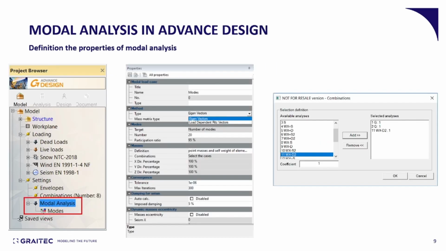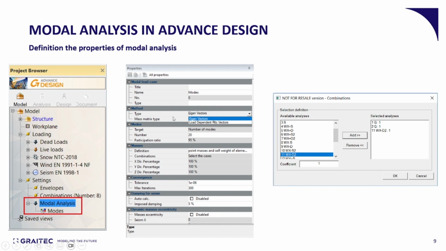How to perform modal analysis in Advance Design? It is very easy. You need to set up the modal analysis as an extra type of analysis that you would like to be performed. When selecting the modal analysis, as we will see later when we do the demonstration in the software, on the properties tab, you have all the different parameters that the user can change.